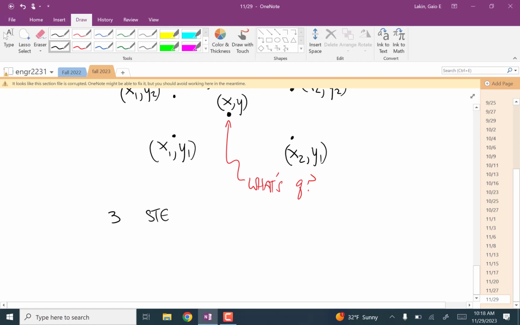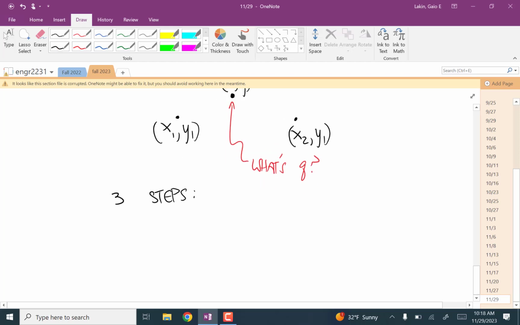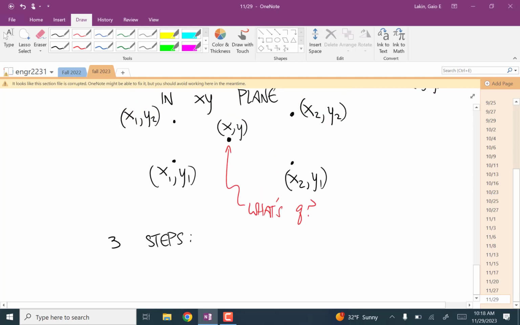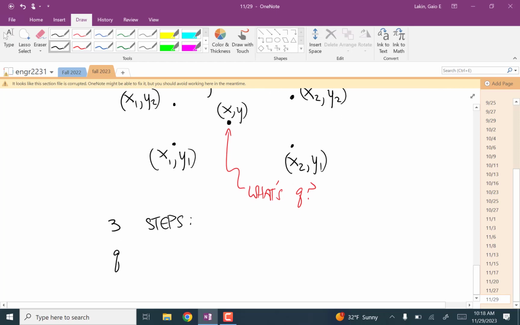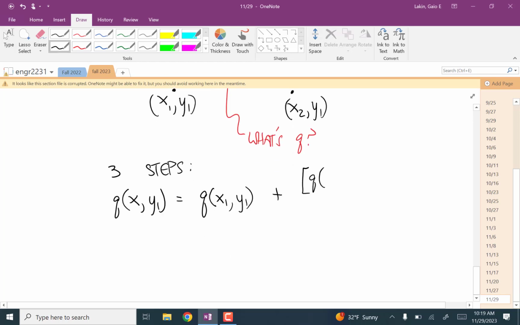Well, we do this in 3 steps. First, q at x, y1 is q at x1, y1 plus the quantity q at x2, y1 minus q at x1, y1, divided by x2 minus x1, times x minus x1.